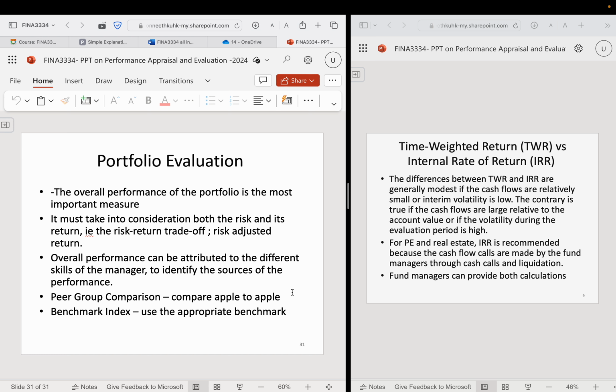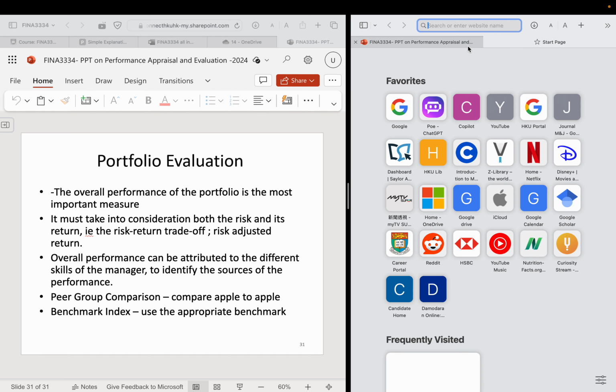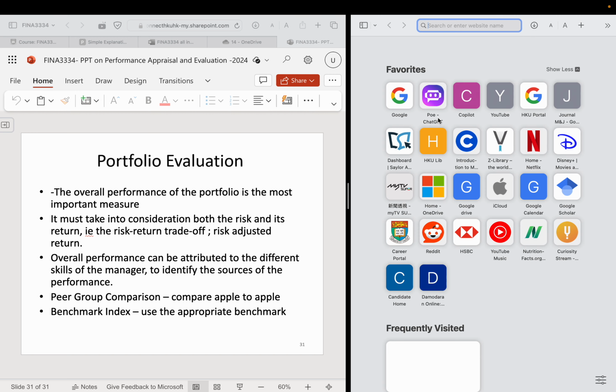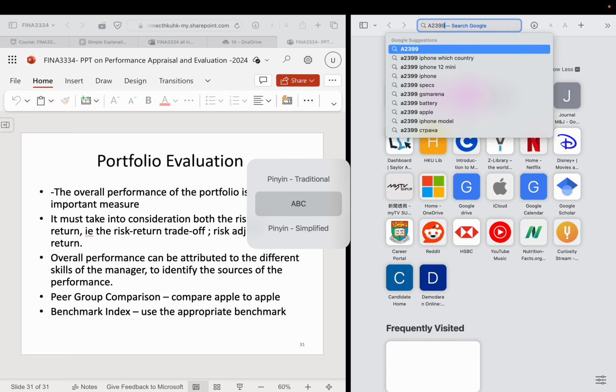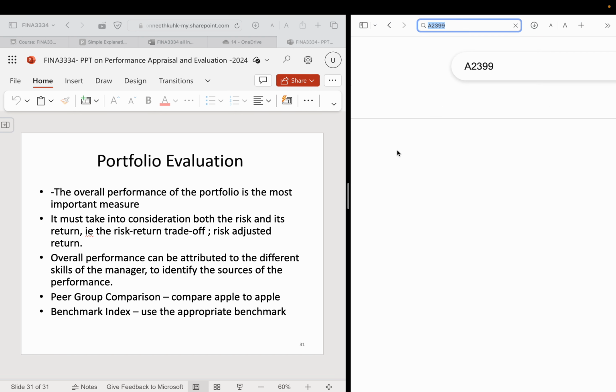Scenario 3: if no knockout and the performance is below 100, you get back 100. These are the 3 scenarios.